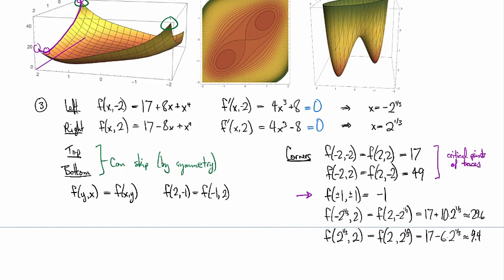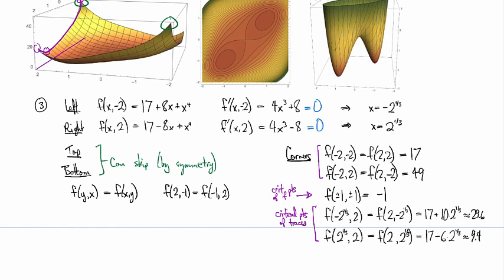I just realized I labeled the wrong thing there. That was the corners. What am I talking about? This was the critical points of traces. And then we had those corner points.